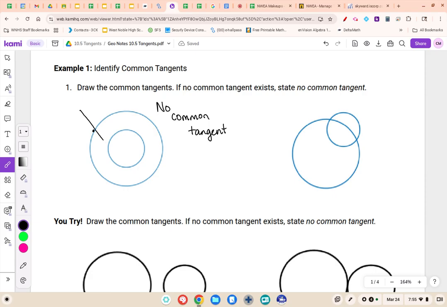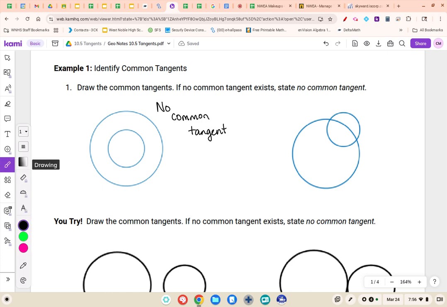Tangents don't work like that. They have to go across the side. So like this would be a tangent, but it doesn't touch this one. Or this could be a tangent, but if we extended it both ways, it wouldn't be a tangent of the other circle. So there is no common tangent between these two circles.